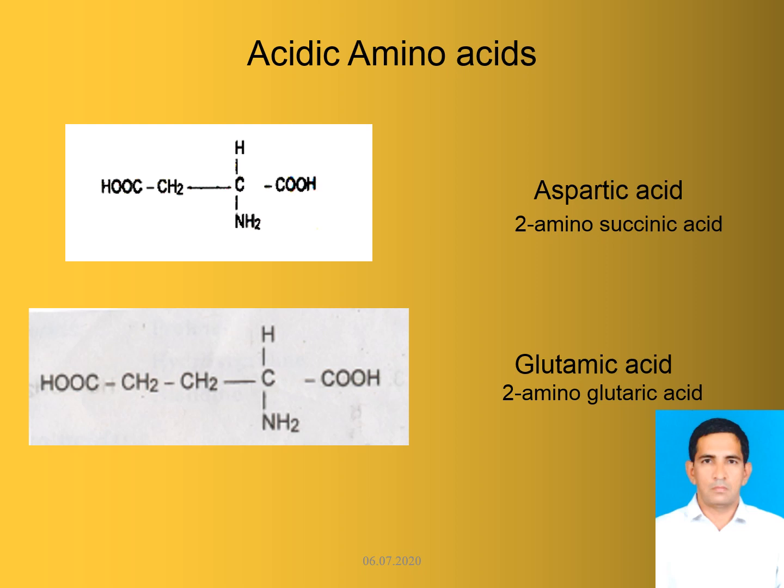Acidic amino acids: aspartic acid, glutamic acid. Two amino acids have acidic side chains at neutral pH. These are aspartic acid or aspartate and glutamic acid or glutamate.